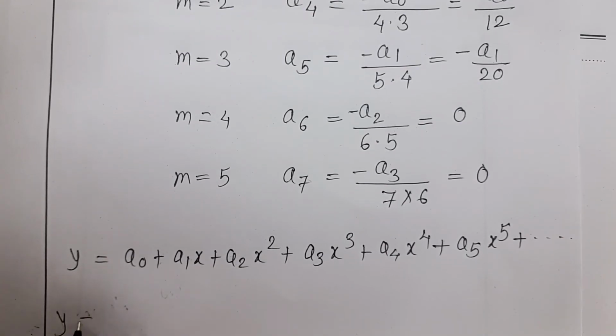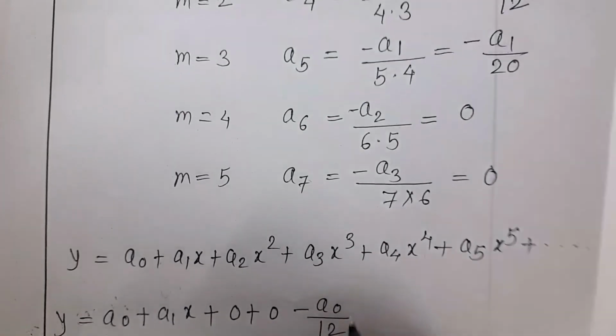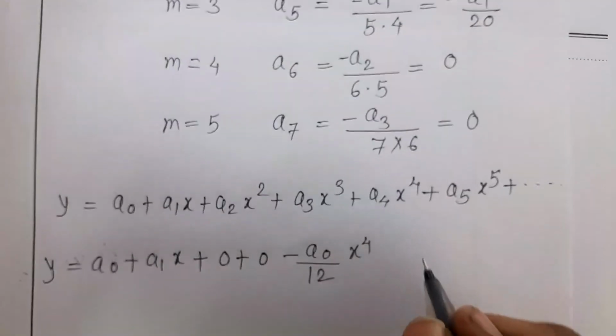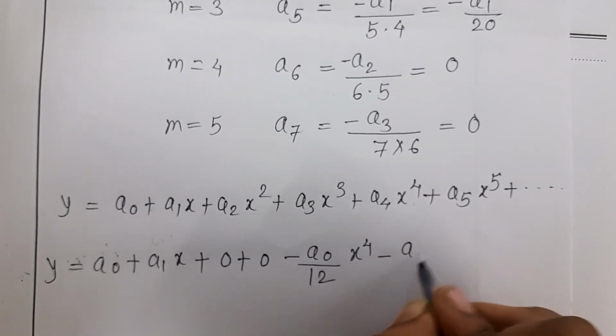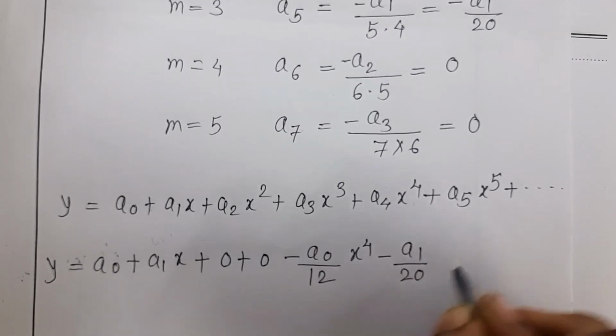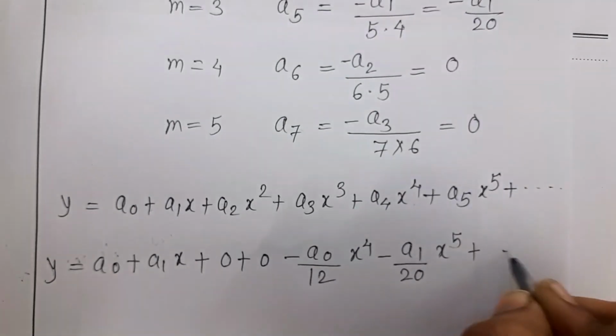So y is equal to a0 plus a1x, as a1 also we don't know, so we keep it as it is, plus a2 value is 0, a3 value is 0, a4 value is minus a0 by 12 multiplied by x to the power 4, and next a5 is minus a1 divided by 20 times x to the power 5 plus and so on.